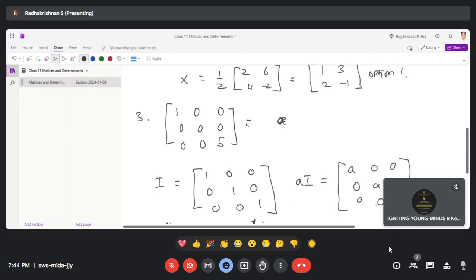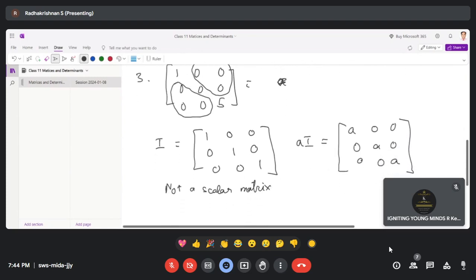Diagonal matrix means only the diagonals will have values and the rest of the elements should be zeros. Okay, like this, all the other elements other than the diagonal should be 0. Then it is a diagonal matrix. So the diagonal can take any value. So that is your diagonal matrix. So this is a diagonal matrix.